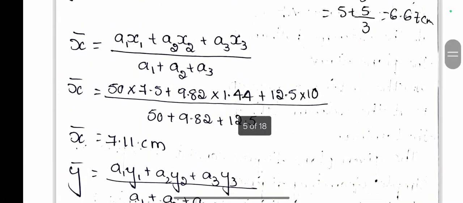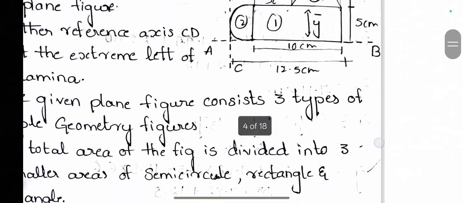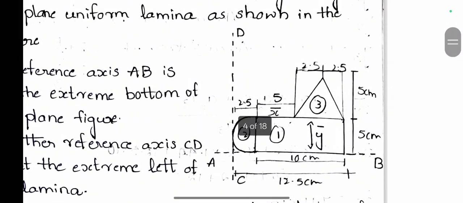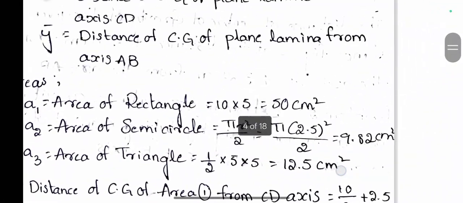Therefore, A1 is 50 centimeter square, X1 is 7.5 centimeters, A2 is 9.82 centimeter square, X2 is 1.44 centimeters, A3 is 12.5 centimeter square and X3 is 10 centimeters, divided by A1 plus A2 plus A3, 50 plus 9.82 plus 12.5, which comes to X bar equals 7.11 centimeters. This means that from the reference line CD, the center of gravity of this whole plane lamina lies at a distance of 7.11 centimeters.